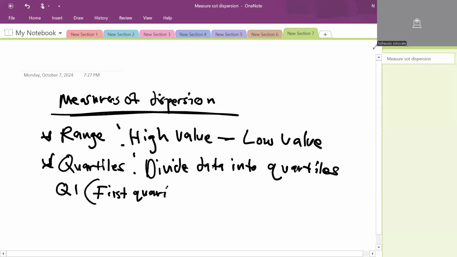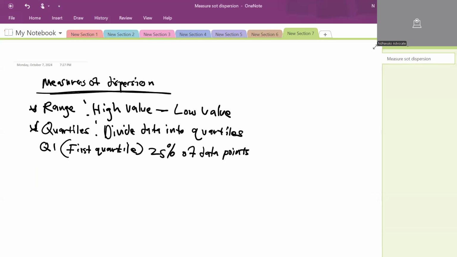The first quartile is 25%, or let me just say 25% of data points are below quartile 1. My class don't understand this.